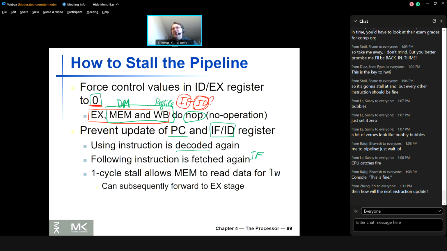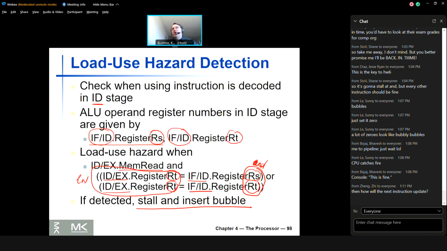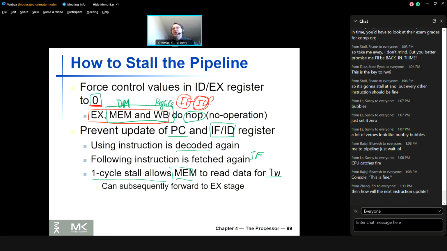And again, if you already started working on your homework, you are recognizing things that really refer to the diagram that you're supposed to produce in this homework. Okay. So one cycle stall allows MEM to read data for the load W. This example is in reference to our load-use hazard detection, right?